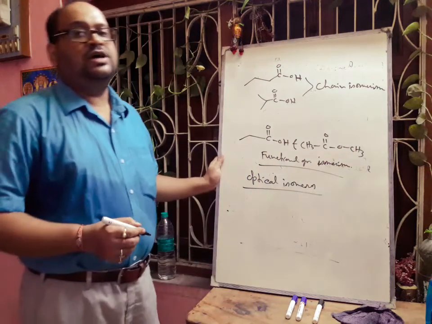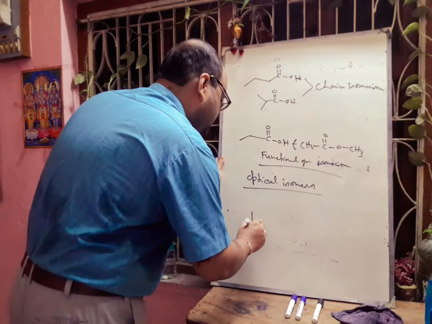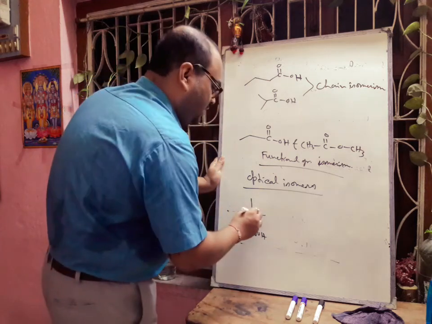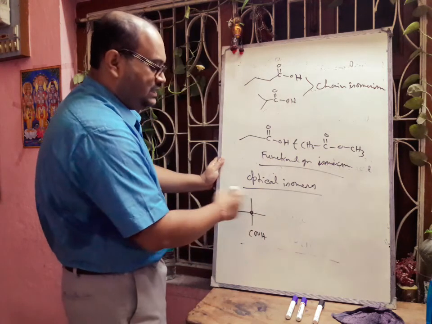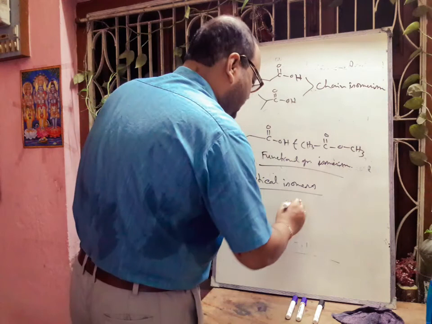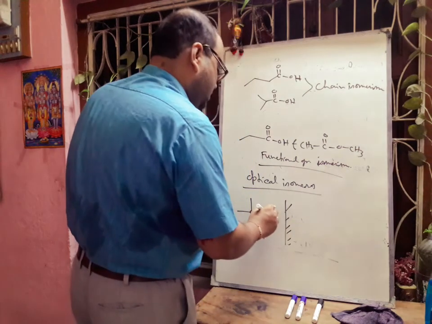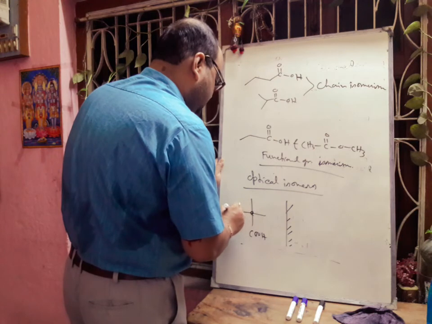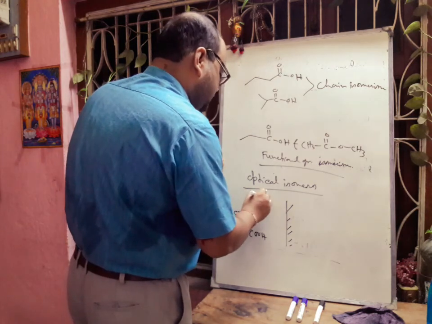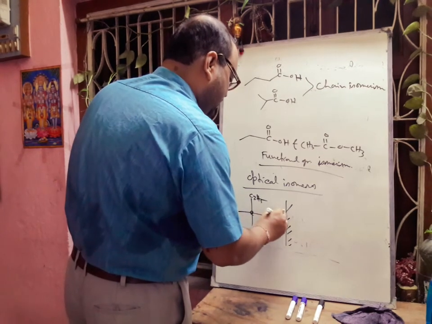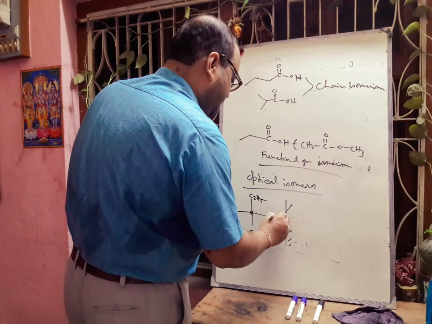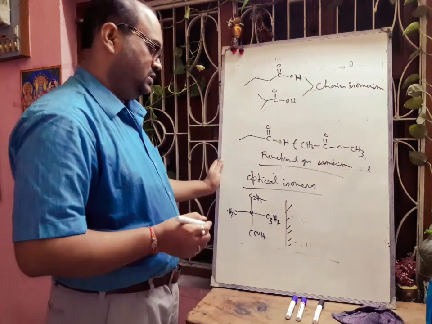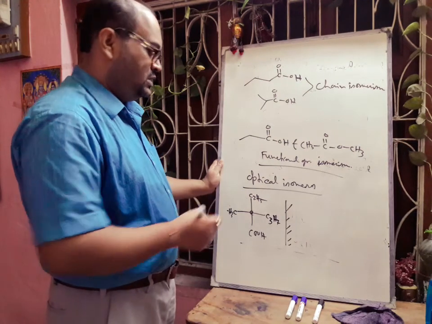If in this carboxylic acid there are 4 different groups attached to this carbon, one is COOH and 3 groups are different, definitely there will be optical isomers. Suppose one is CH3, another is C2H5, another is C3H7.